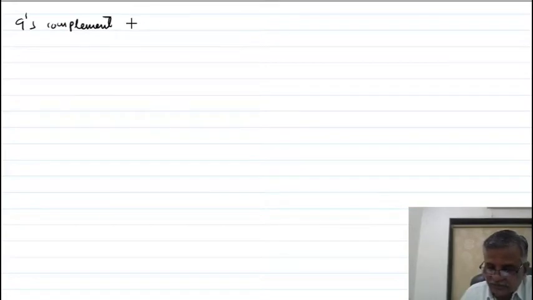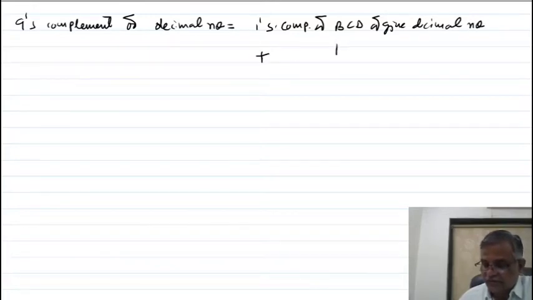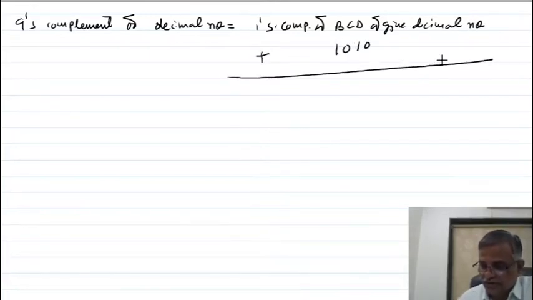The 9's complement of any decimal number: the 1's complement of the BCD of the given decimal number plus 1010, you will get the 9's complement.